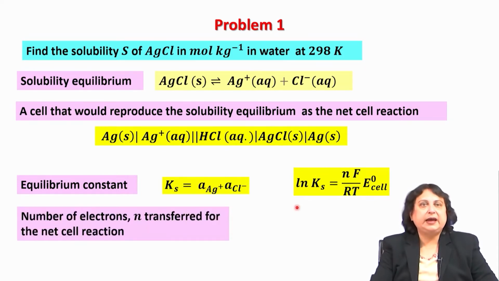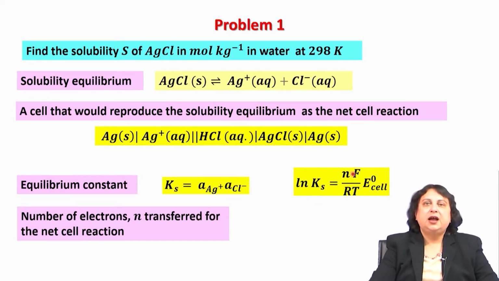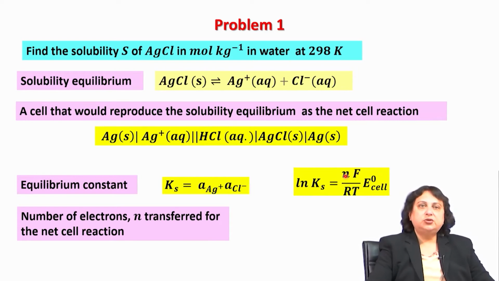Now, let us try and understand that on the right hand side, I need to know the number of electrons transferred for the net cell reaction, and we have seen that n is equal to 1. Since I am talking about the solubility at room temperature, I know the value of RT by F. So, what is the next value that I need to find out from here? That must be E naught cell.